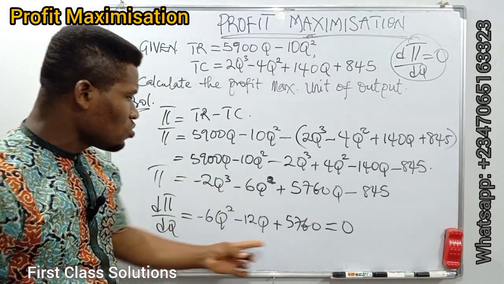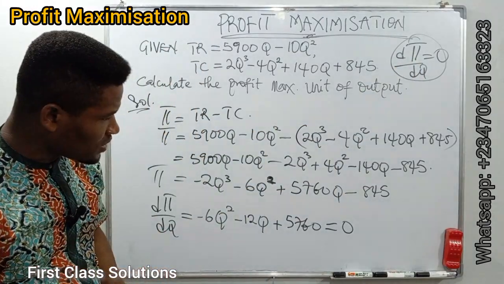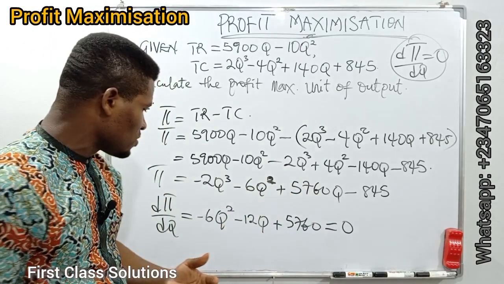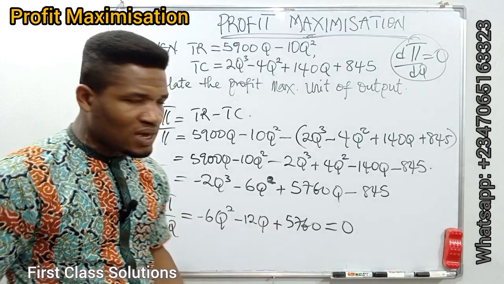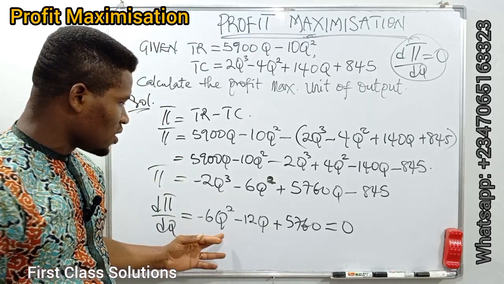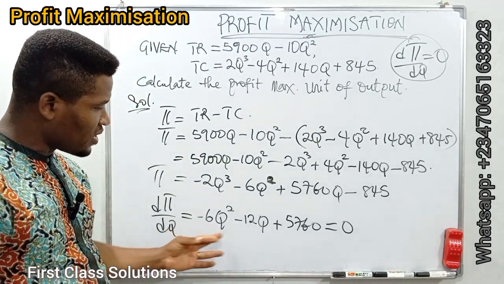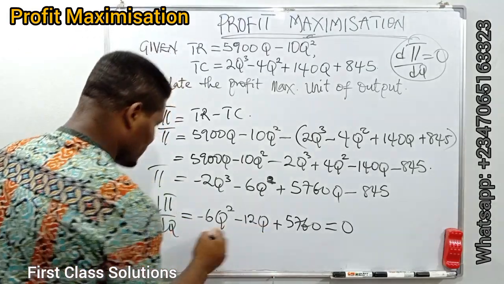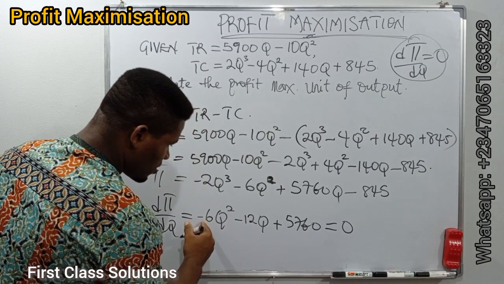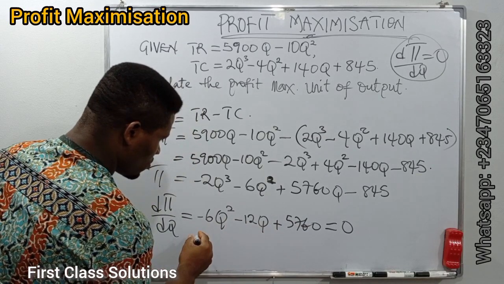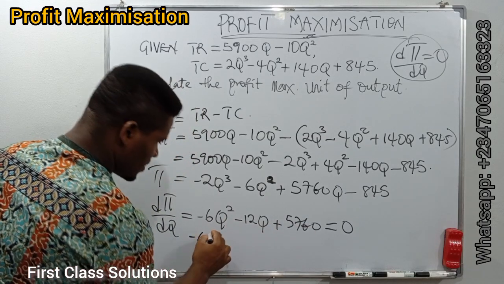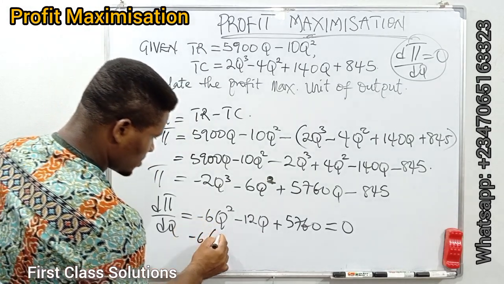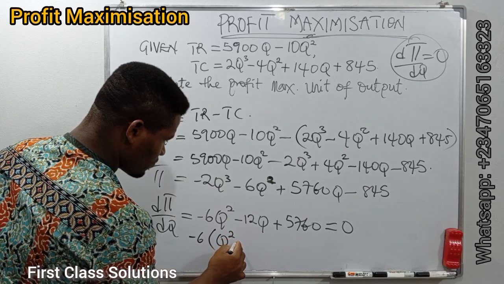Here we discover that we have a kind of bogus equation, and you can break it down using 6, because 6 is common here and 6 can equally divide this. Also, the negative is common. So we have minus 6 divided by minus 6, and you have your Q squared alone.